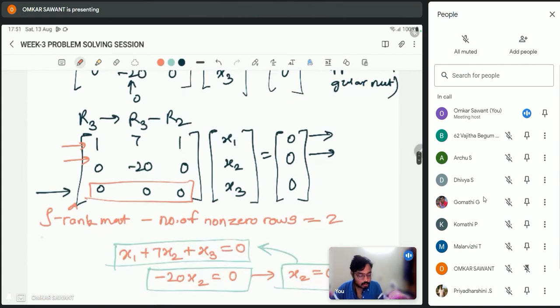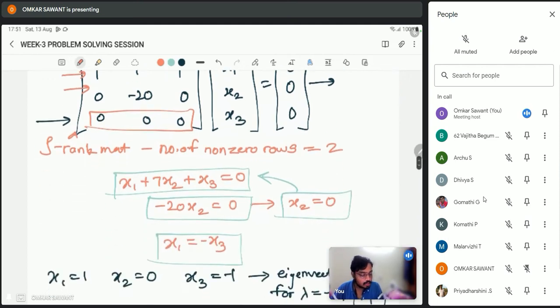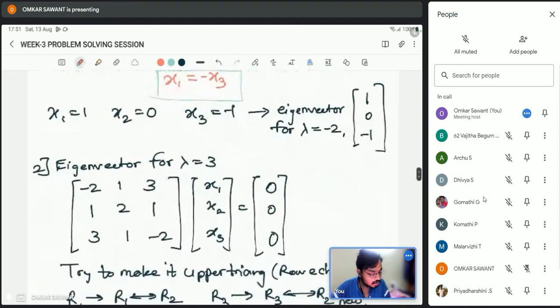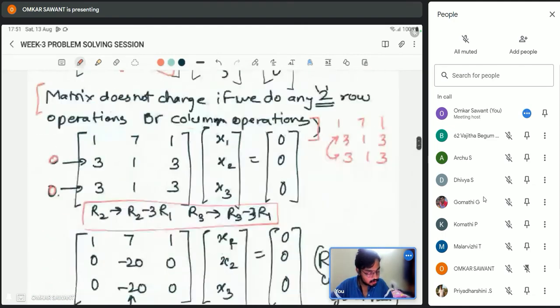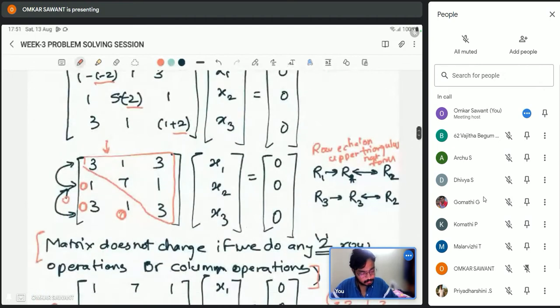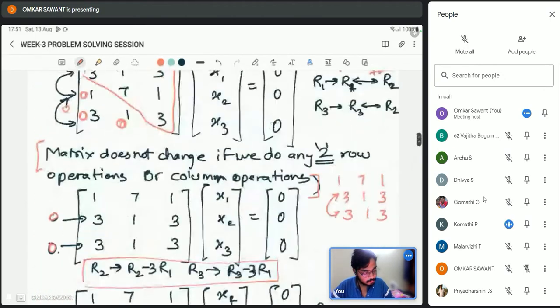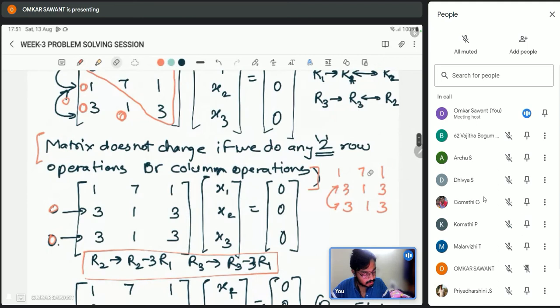Then you understood this rank thing, right? Yes, sir. Okay. Then you find out these two equations, and the eigenvector, right? Now, is it clear? The method of finding the eigenvector, is it clear? It is clear, right?